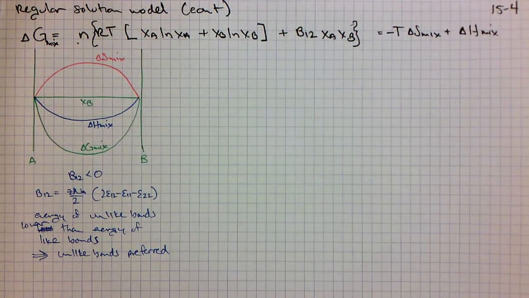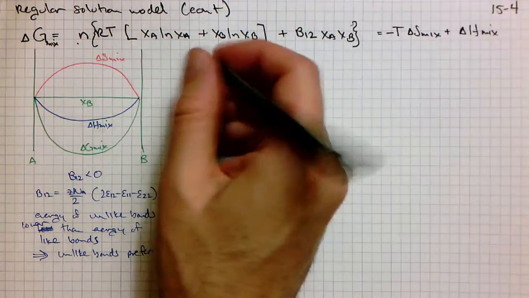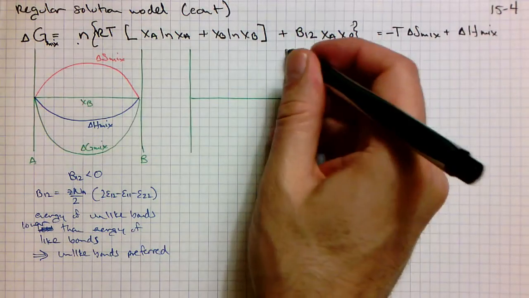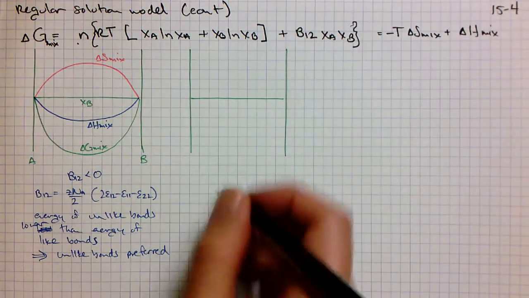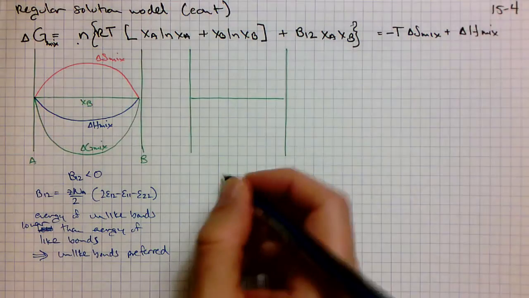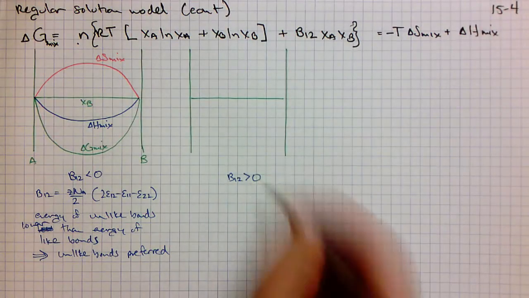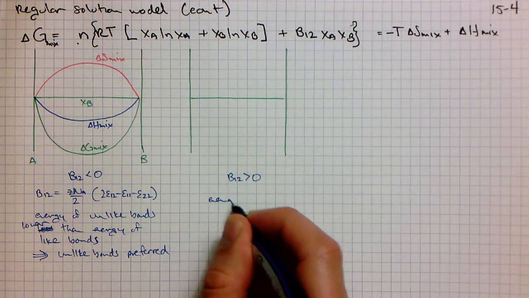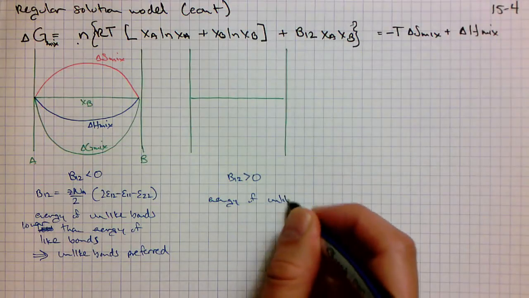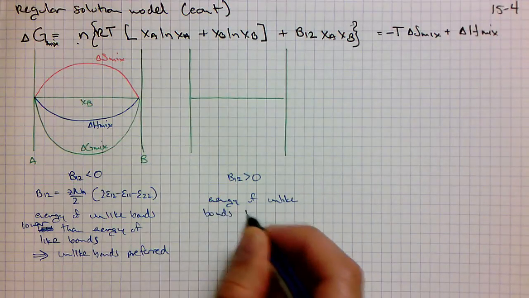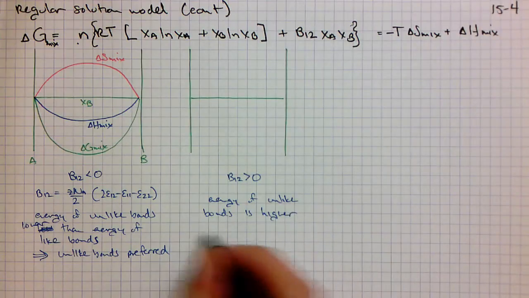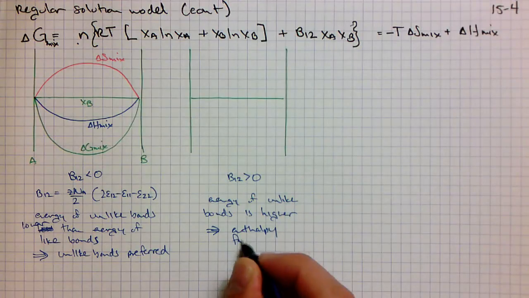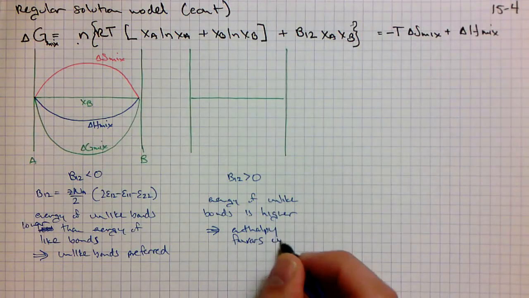Okay. Now, interesting things happen if we consider the other case, which is the case where B12 is greater than 0. So in this case, the energy of unlike bonds is higher, and so enthalpy favors unmixing.